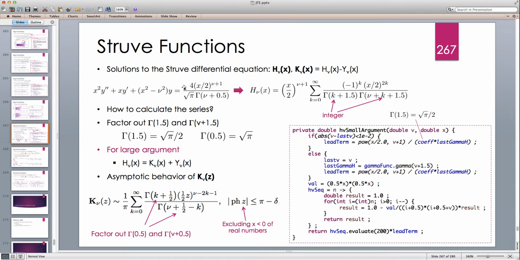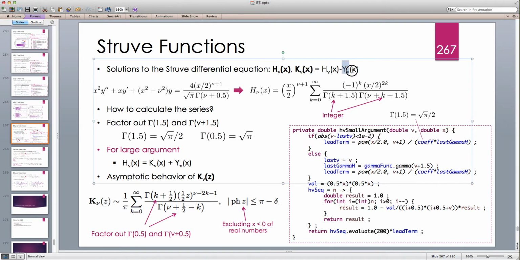Now, if you're wondering where this comes from, it comes from some special cases of the wave equation, when we solve the wave equation such that we also have a source that is generating the wave. The solutions are the Struve functions H nu and K nu, and K nu is defined by H nu minus Y nu.